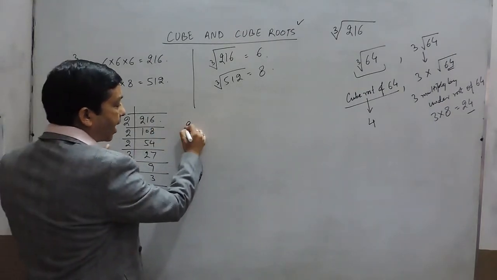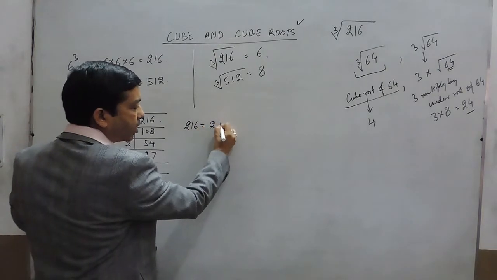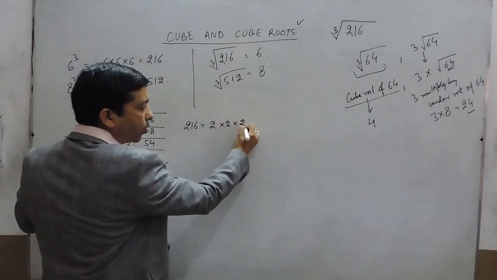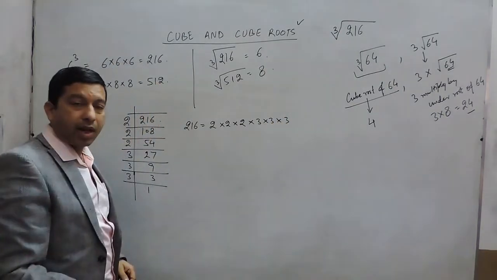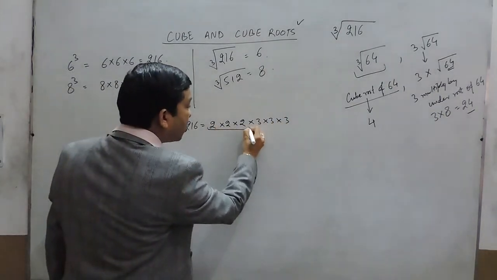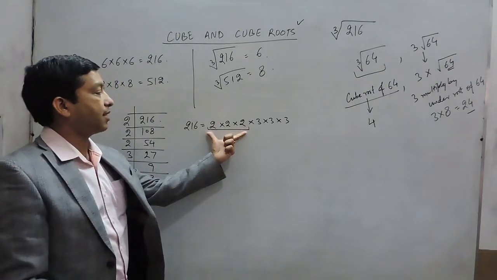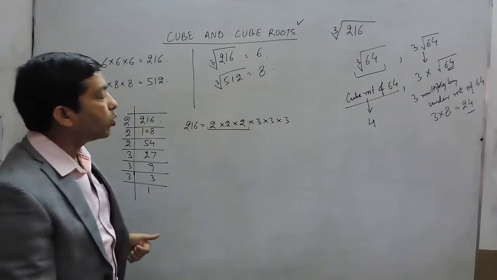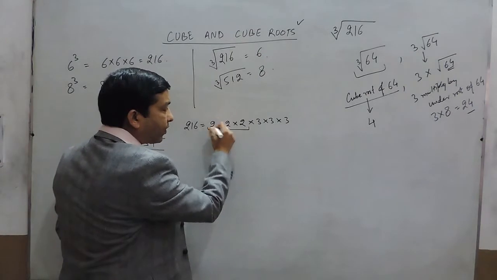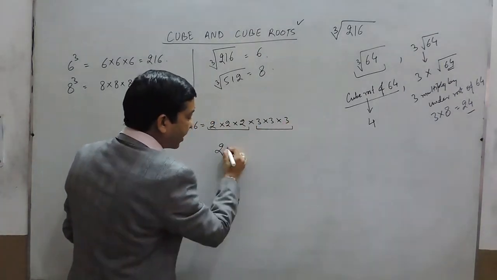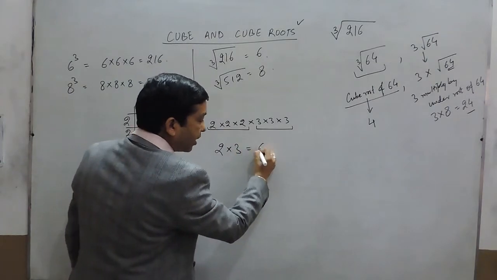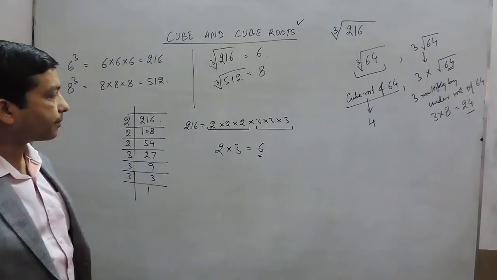So I can say that 216 can be written as 2 into 2 into 2 multiplied by 3 into 3 into 3. And instead of 2 factors, we take 3 factors here because it is a cube root. So out of these 3 factors, I can take a factor 2. Again, out of these 3 factors, I can take a factor 3, and the answer comes out to be 6.